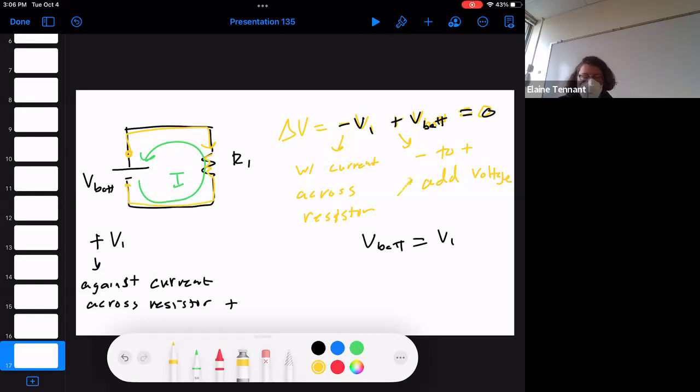Now I'm still going negative to positive, so I'm still going to add across this battery. Do that, equals 0. And then I come back to where I started, so I set it equal to 0. And now from this one, what I'm getting is VBAT equals negative V1.